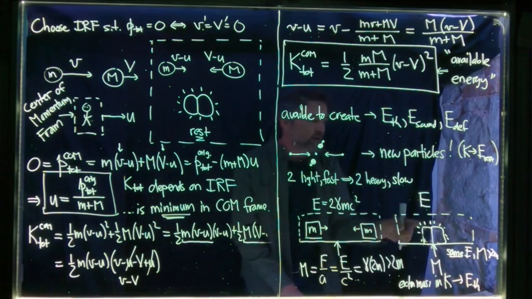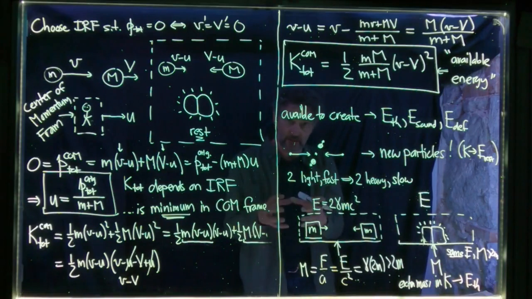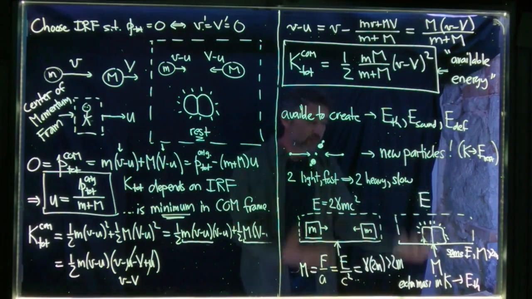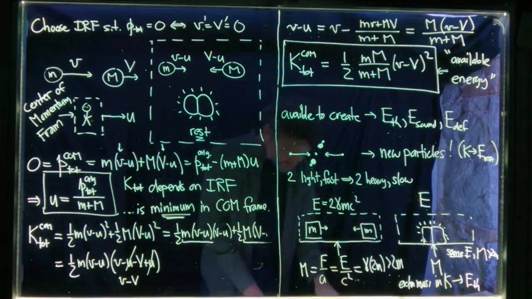Now you have two objects with rest mass m that are stuck together, but the mass isn't 2m because the object is now hotter. There's more thermal energy, and that thermal energy also has inertia. So the extra mass is now in thermal energy. Here the extra mass is thermal, here the extra mass is kinetic. There's been a conversion of kinetic into thermal, and everything makes sense in the context of relativity. So it's very cool.